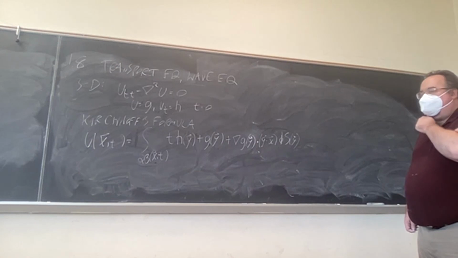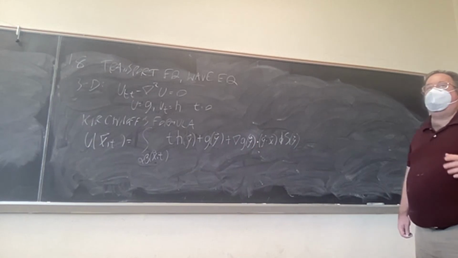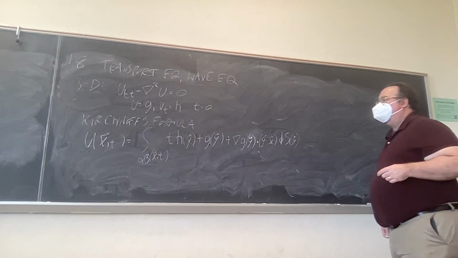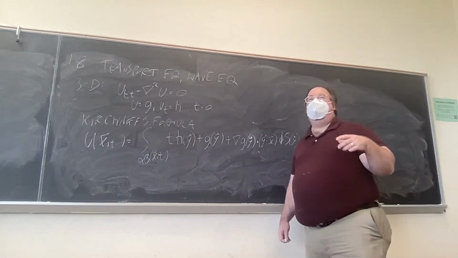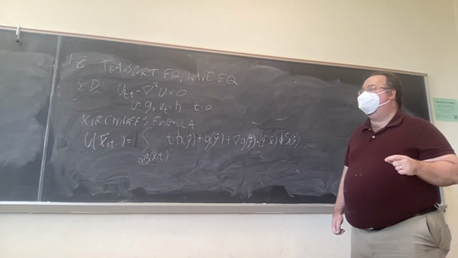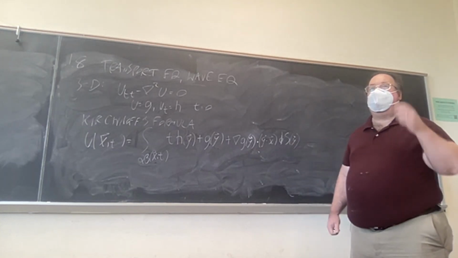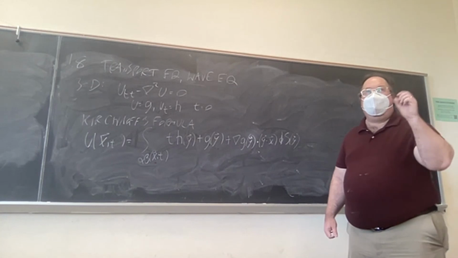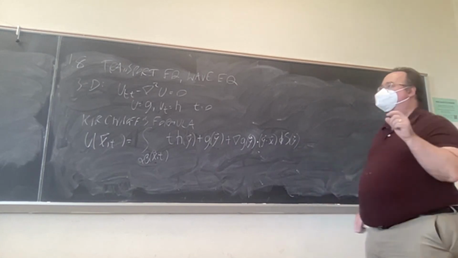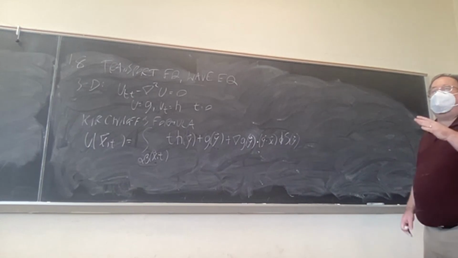So this leads to interesting behavior. Suppose the initial data is 0 almost everywhere, except say maybe it's a delta function. But the solution, as time marches forward, is 0 mostly everywhere, until t gets sufficiently large, and it gets something non-zero at a given point x. Like if you're watching what happens at a specific point x, you have this wavefront that's passing through x, so the solution is briefly non-zero.